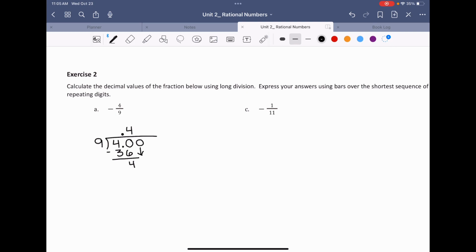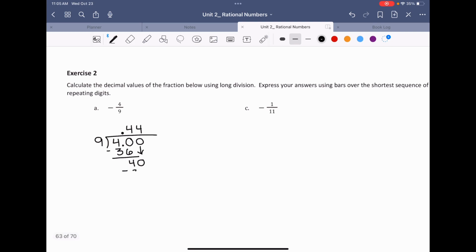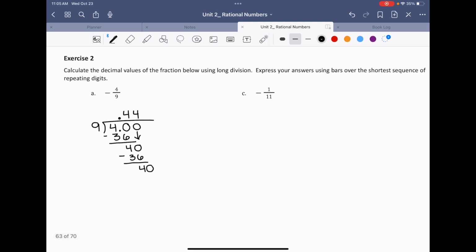Let's just verify. Bring down the 0. Same idea, 9 times 4. 4 times 9, 36. 40 minus 36, 4. I'm going to run into the same problem. I can stop there. 0.4 repeating. This is negative. So my answer is negative 0.4 repeating.